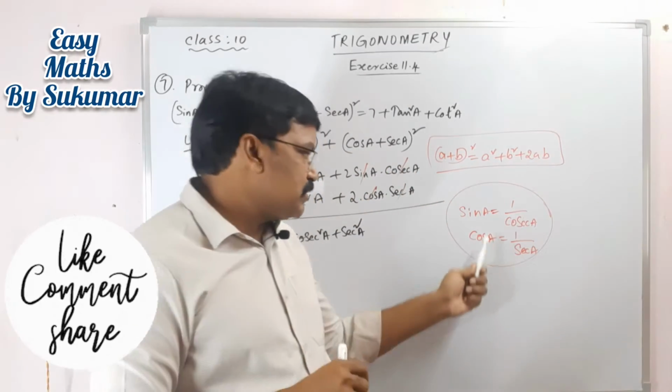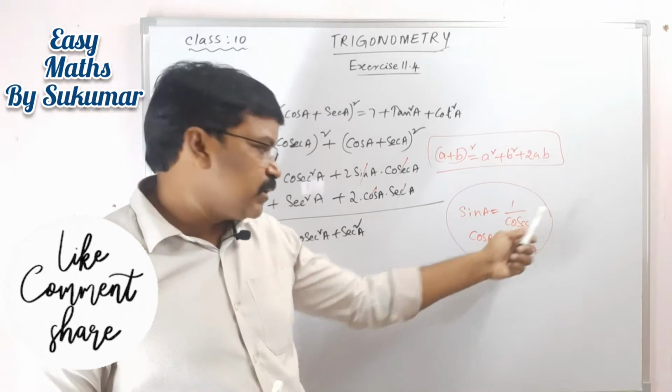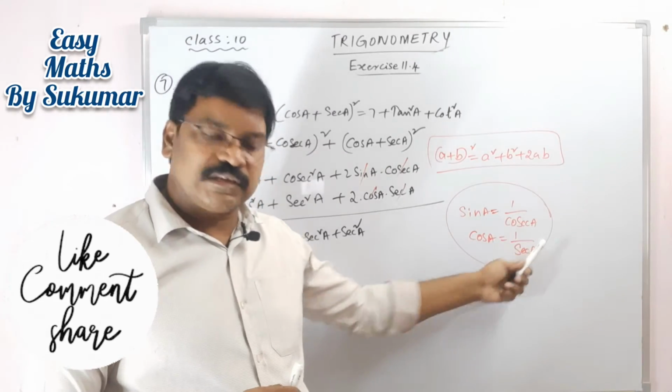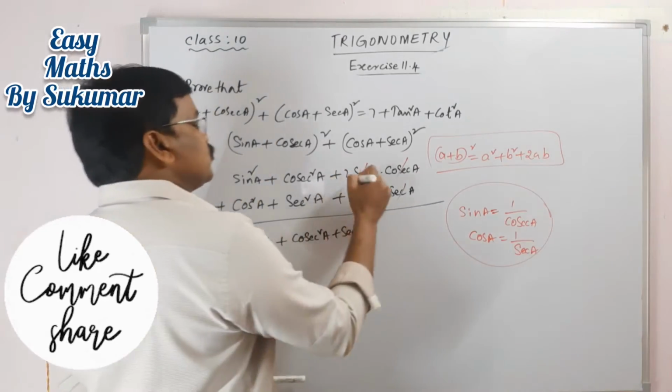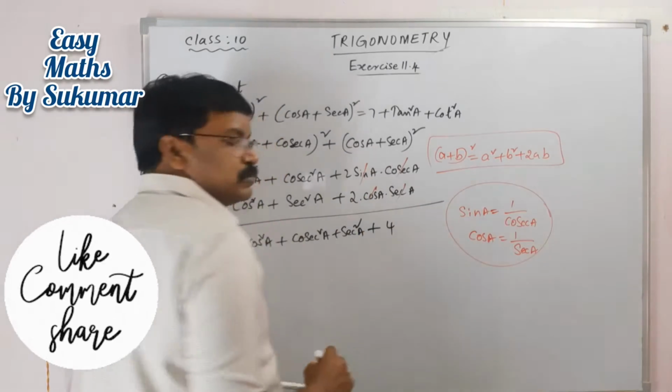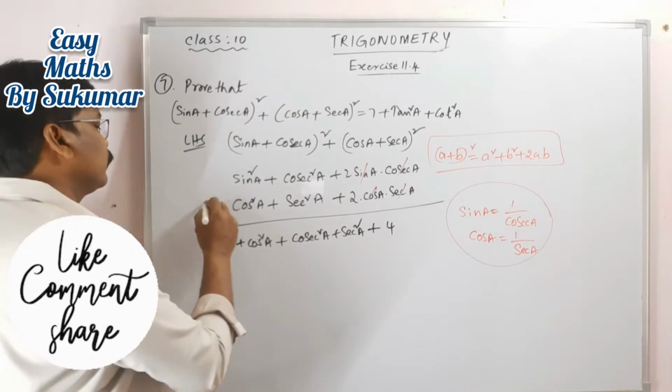But you must write this: sin A means 1 by cosec A, cos A means 1 by sec A. Now here plus 2 is plus 4. We are adding here.